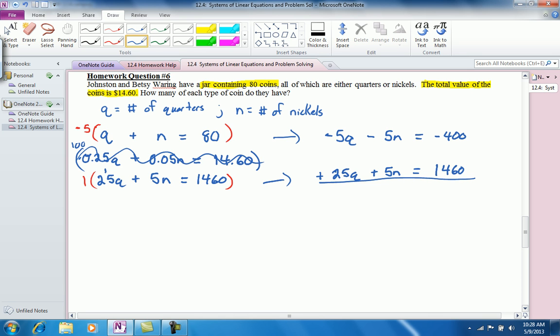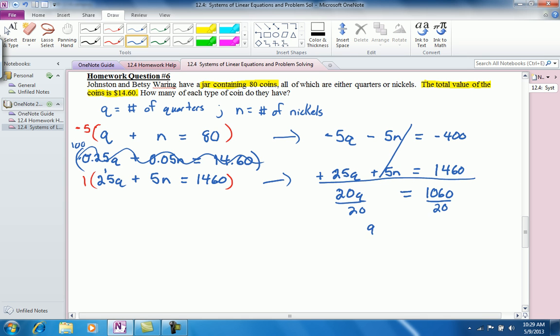-5Q plus 25Q is 20Q. -5N plus 5N will eliminate, as we talked about. -400 plus 1,460 is 1,060. I'm going to now divide both sides by 20.